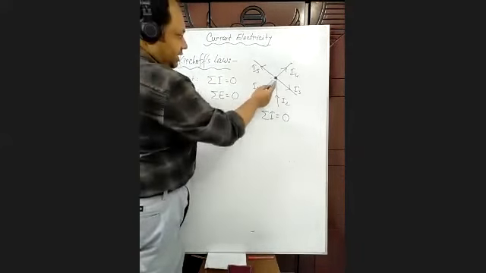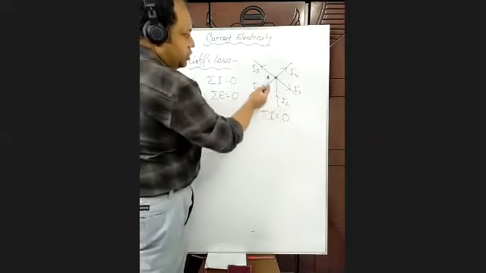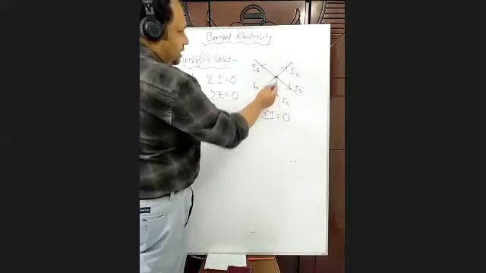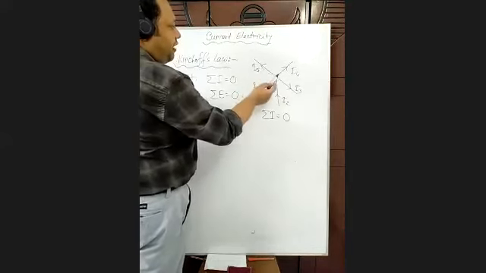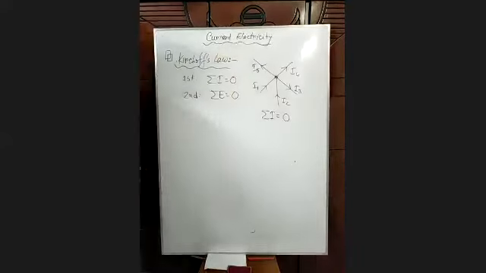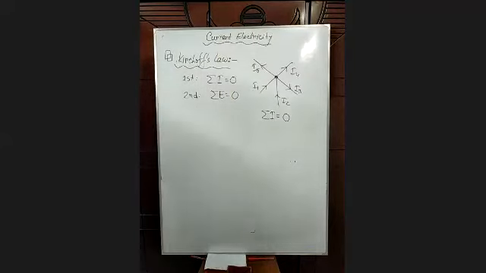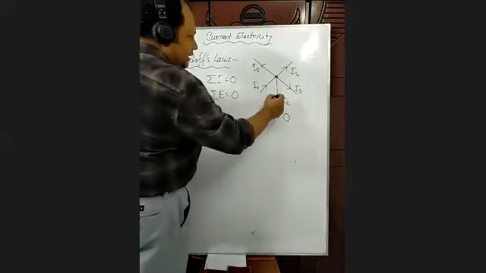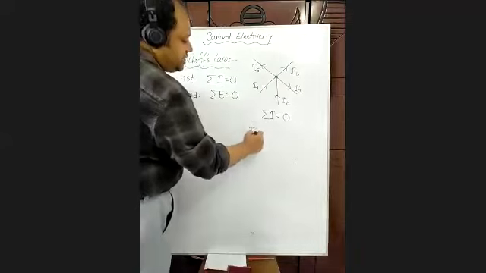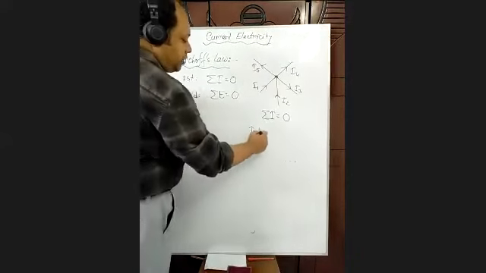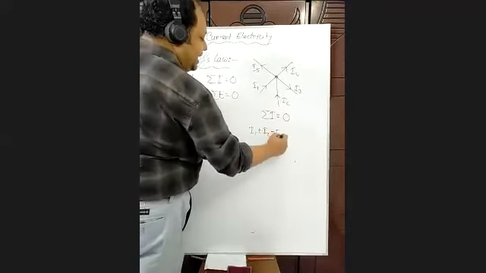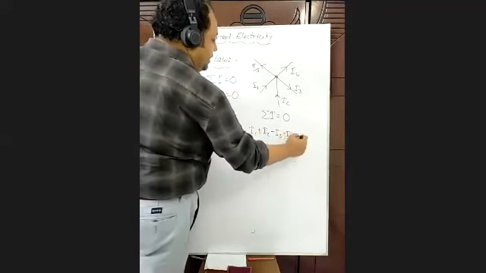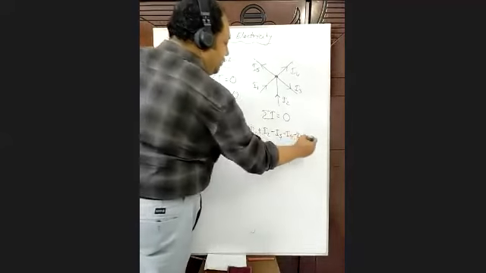If I consider I1, I2, these two currents are coming to that point, then I3, I4, and I5 will go away from that point. So if I say the current which is coming to that point is positive, then the current which goes away from the point is negative, then the total summation at the point is 0.